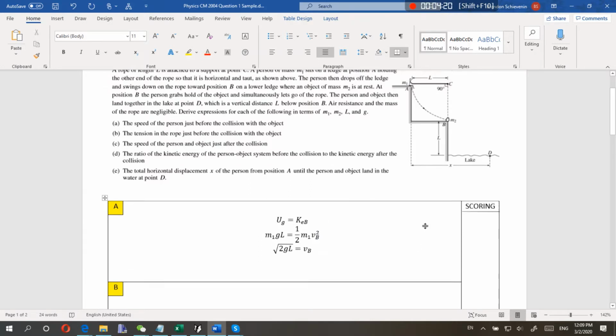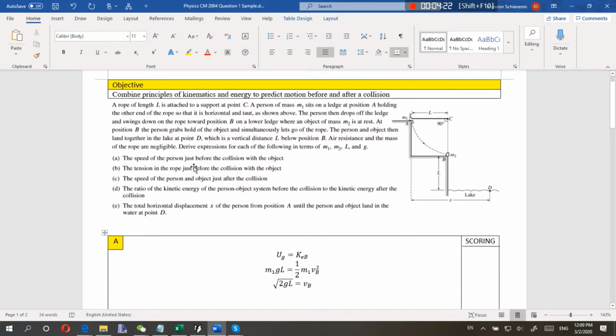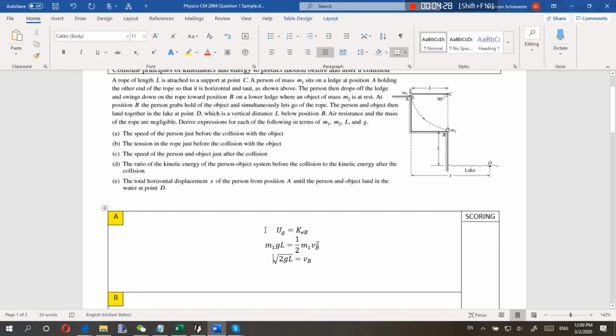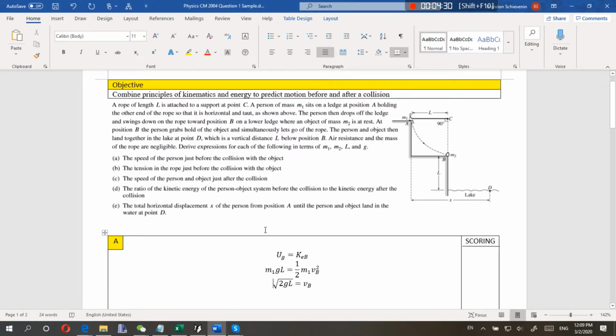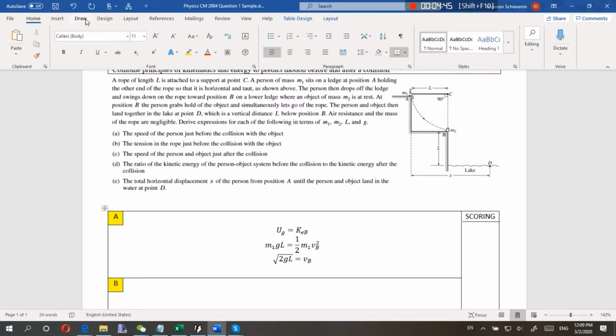Looks good. Then I need the tension of the rope just before we collide with the object. So for this one, tension minus weight is equal to MA.